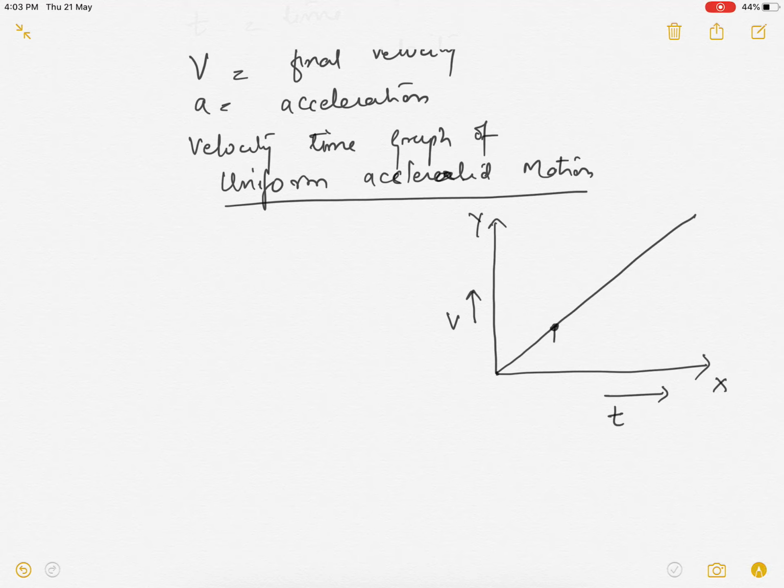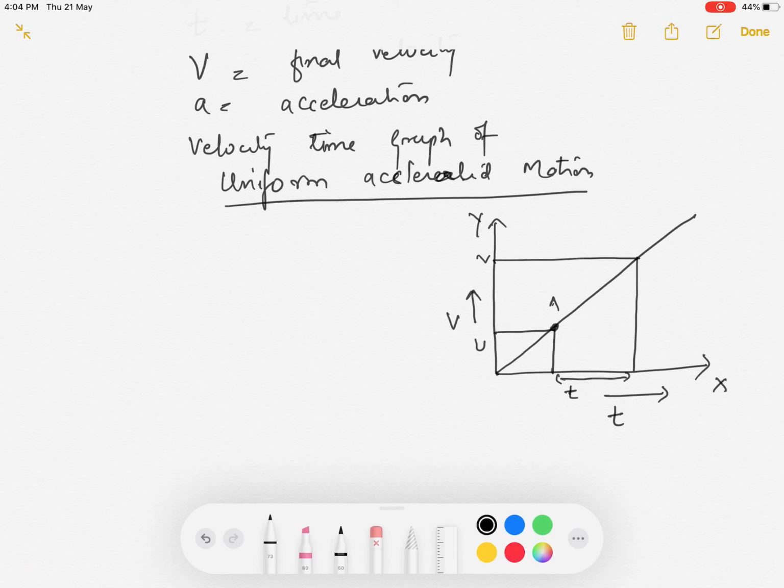So in this graph, let us consider some point A where the velocity of the body was u, and after time t, that is this much is time t, velocity becomes v. I will take a different color here. This v is this much.